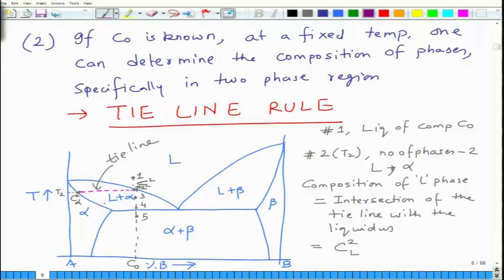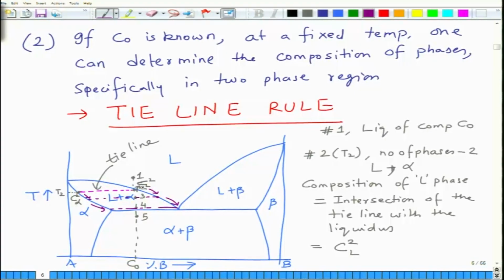So, you can see how the composition changes. This is at T2 and this will be at T3. You can see that this point has moved here, and this point has moved here.